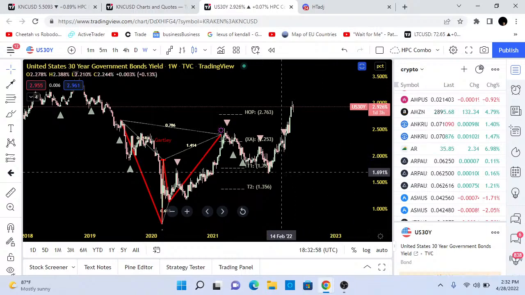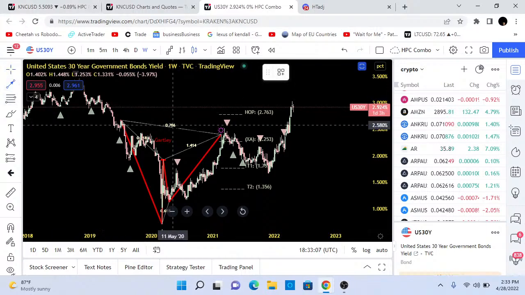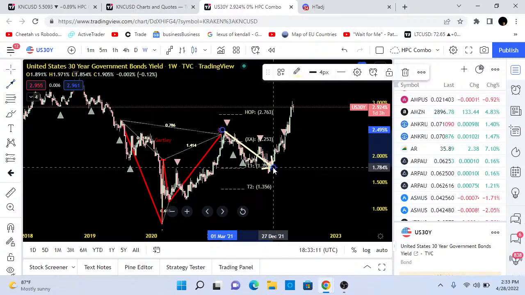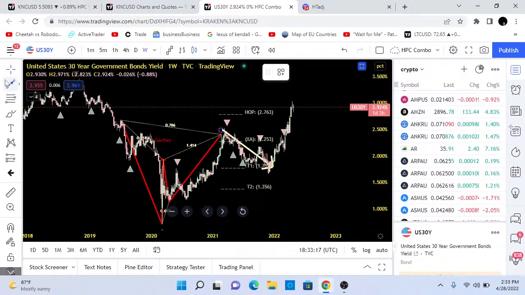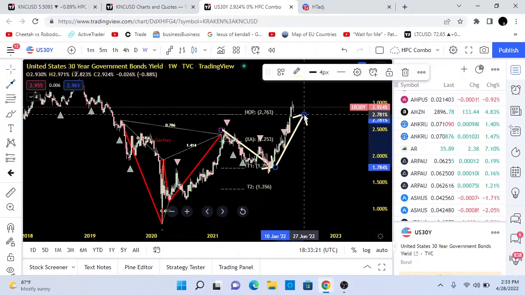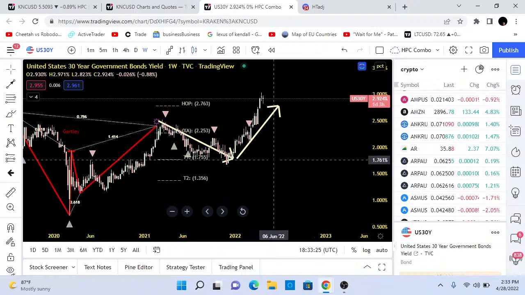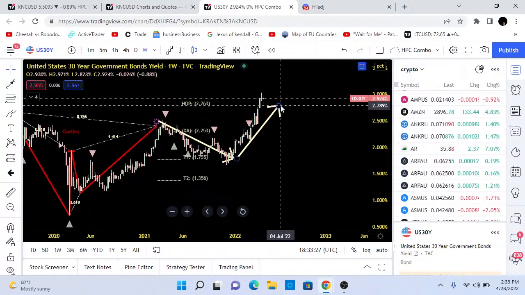More importantly, for us as harmonic pattern traders, is that we recognize that even on the 30-year, we have a beautiful type 2 Gartley. There's your type 1 down to 176. Then the most recent move up to our type 2 return to the hop level at 276 is the major retest.